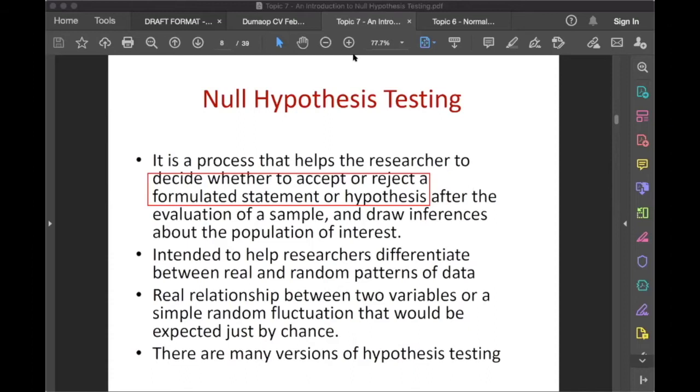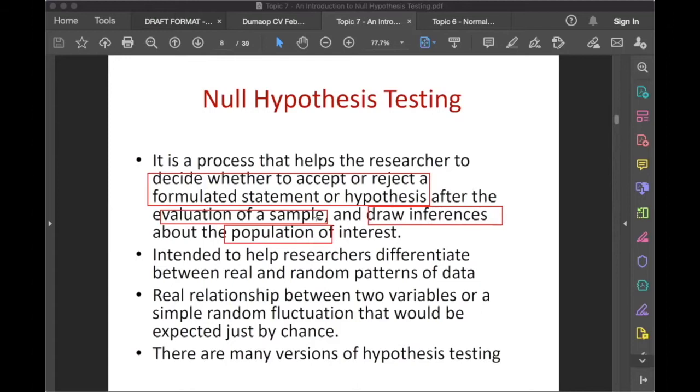Another notable thing here is that the evidence or the lack of evidence pertaining to the hypothesis is based on the evaluation of sample data. However, even if we draw our evidence from a sample, we can also draw inferences about the findings, and to a limited extent we can infer the findings to the population.